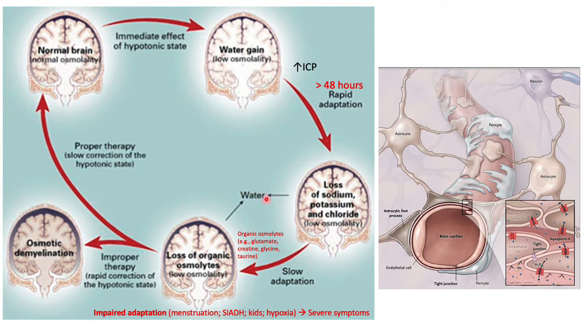And if the hyponatremia continues, then the neurons will not only expel these osmolytes, but also will expel other organic osmolytes like glutamate, creatine, glycine, and taurine for the same purpose, to try to increase the water content from the inside the cell, so that water will go to the outside in an attempt to decrease the cellular expansion or cellular edema.